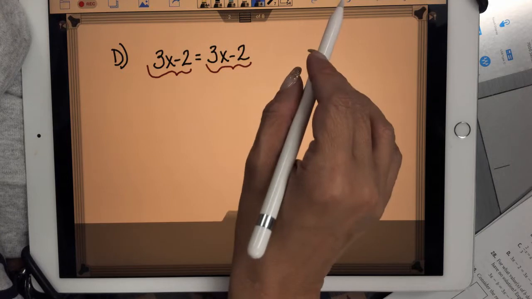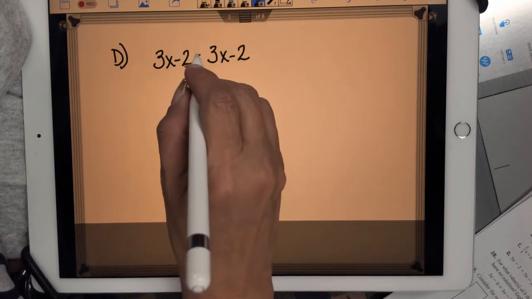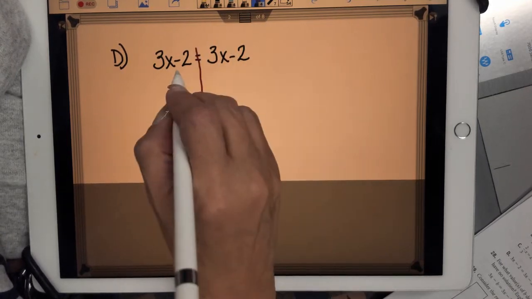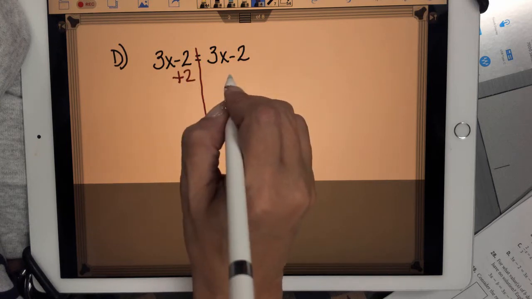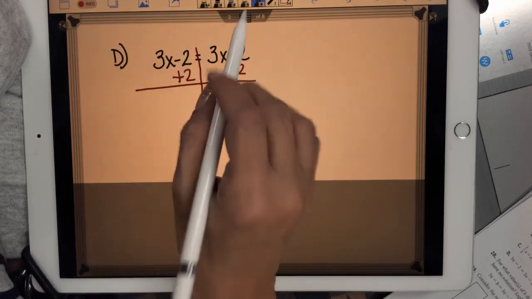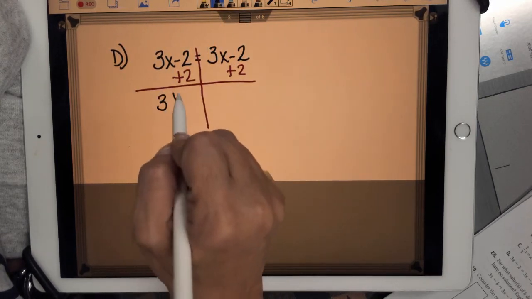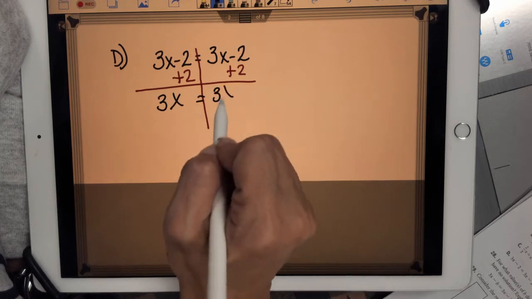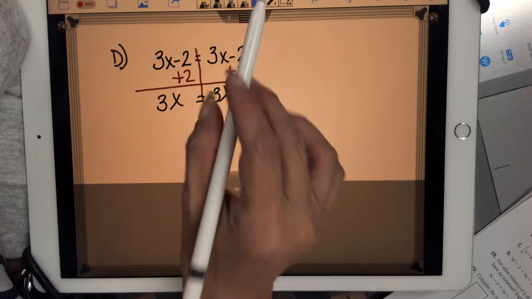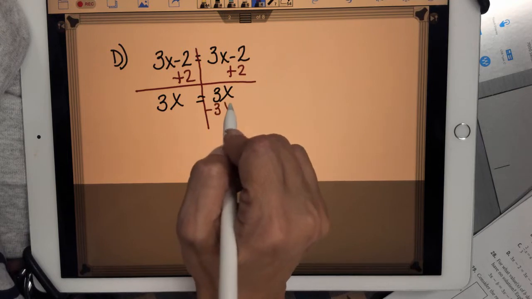You can also look at it like this. If I were to draw the line, and add 2 to both sides, I would get 3x equals 3x. Then you're like, well, what if I subtract 3x from both sides?